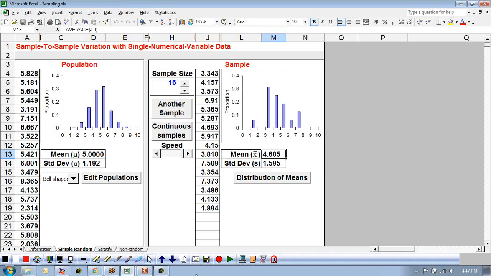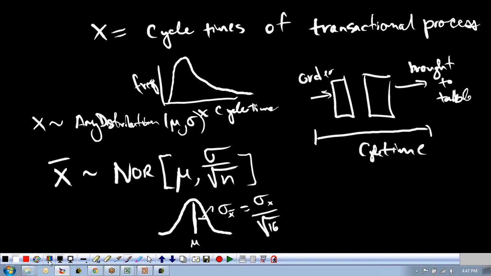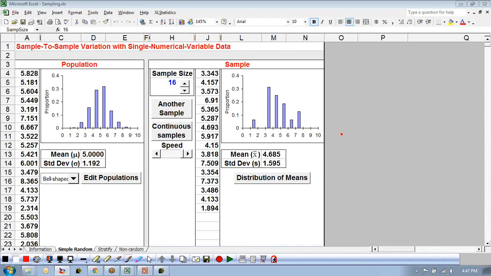My claim, however, is that if I take the average of these 16 and look at the distribution of the sample mean, x bar, over and over, that distribution is going to look normal with a mean of, in this case, 5, and a standard deviation of 1.2 divided by the square root of 16.